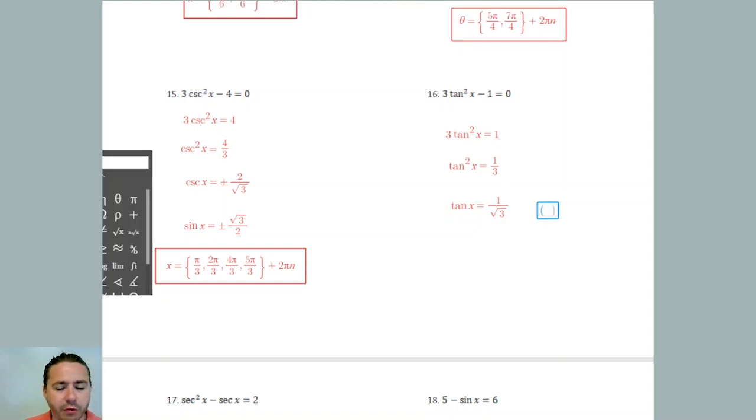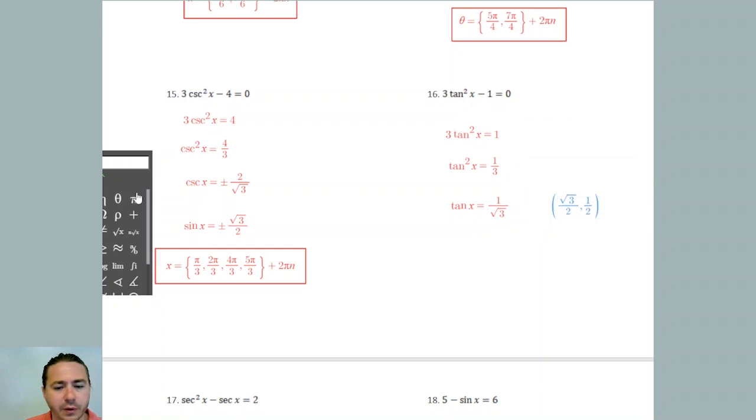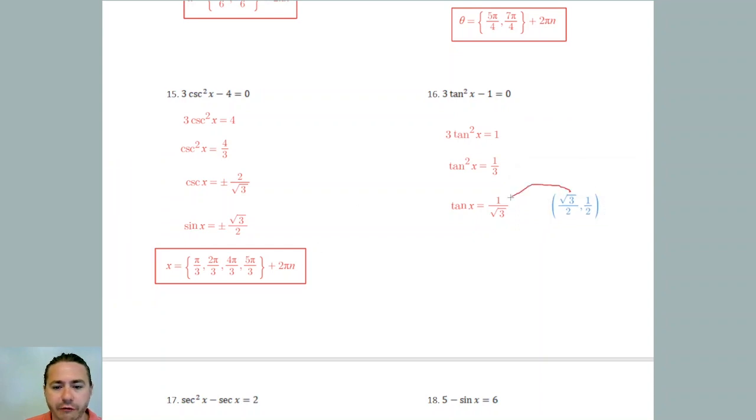The square root of 3, comma, 1, right? Y over x. But this is a ratio, and we're not going to see a point like this on the unit circle. They're all going to be divided by 2. But when I calculate tangent, these over 2's just end up canceling out. So the coordinate I'm looking for here is root 3 over 2, comma 1/2. That's kind of the key here, okay? So we're looking for this point.